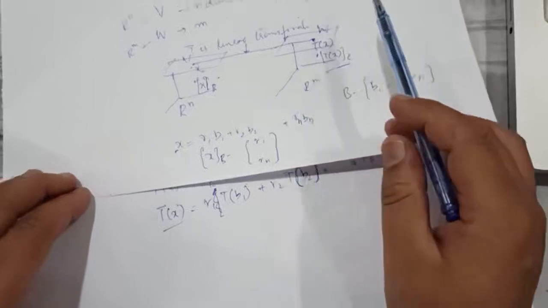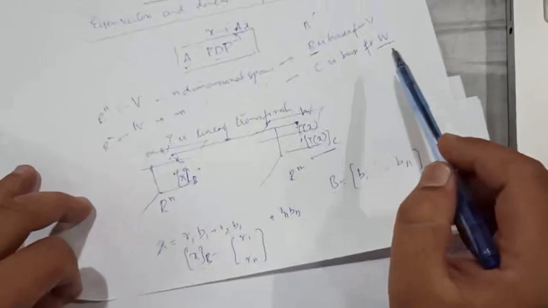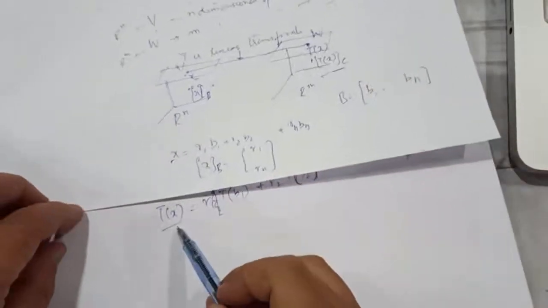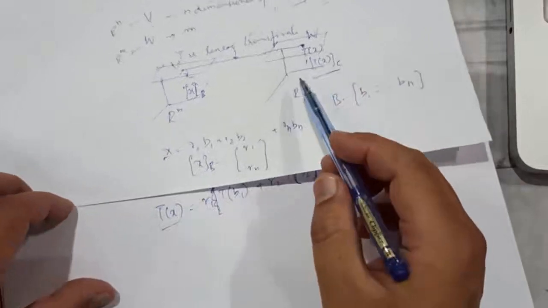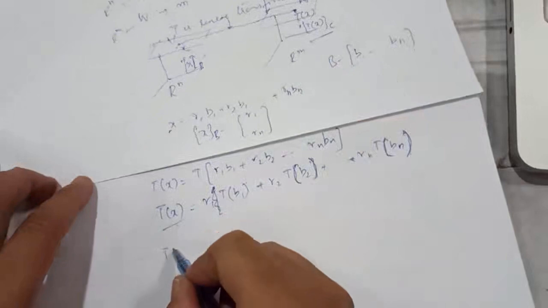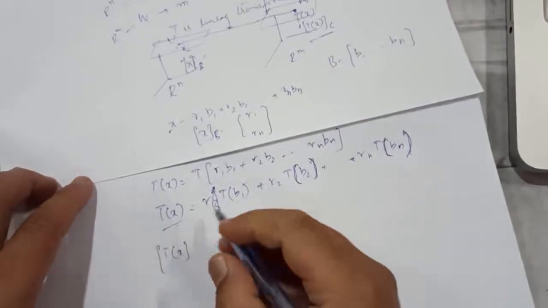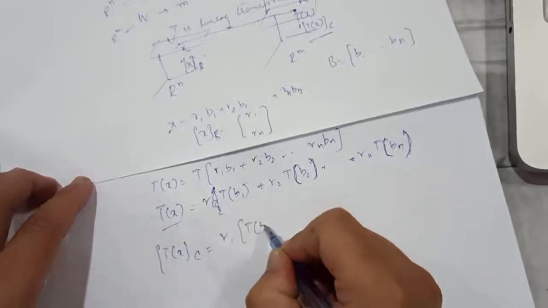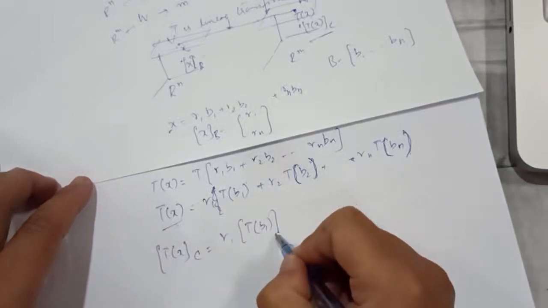But we have already defined a basis for that as C. So what we want to do is convert this T of x that we have in W to the basis C. It means the transformation should be represented in terms of C.